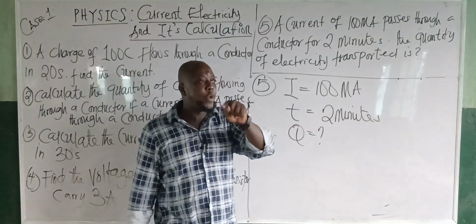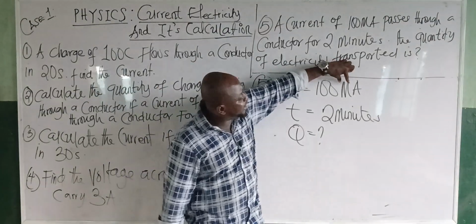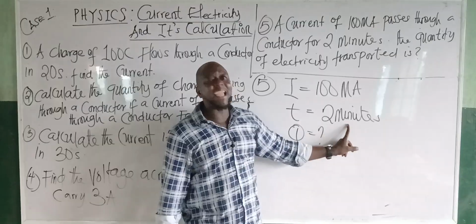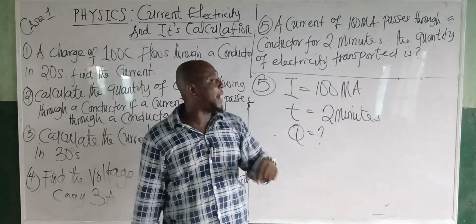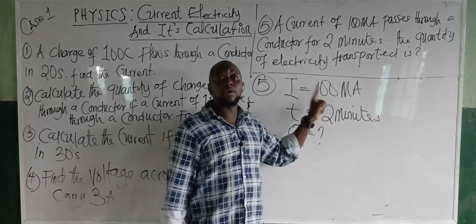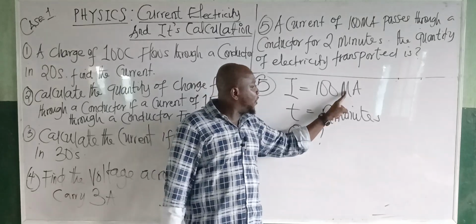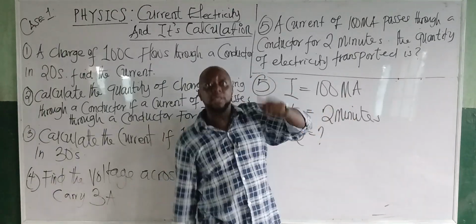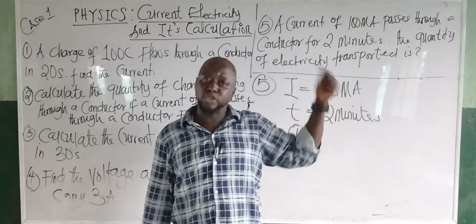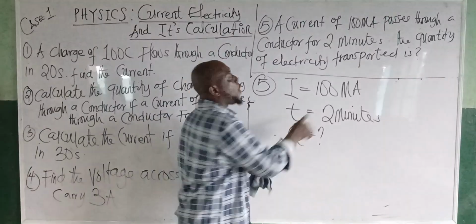Now, what do we know? There are some units introduced here that we must convert. Remember, I told you that current is measured in ampere. This one has been introduced to milliampere. So how do I remove this?